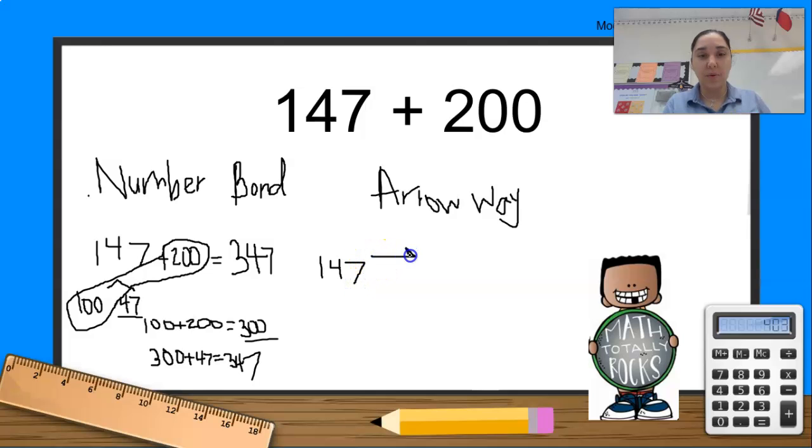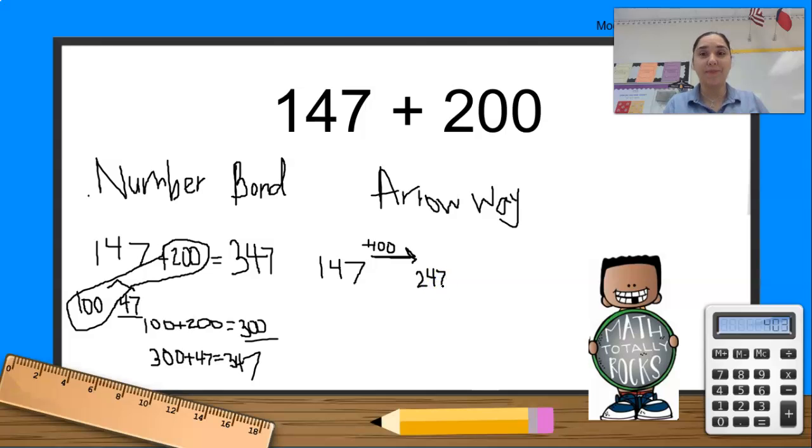I do the arrow. In class, I told you if you put a line, it's still okay. Plus 100. Yes, 147 plus 100 equals 247.